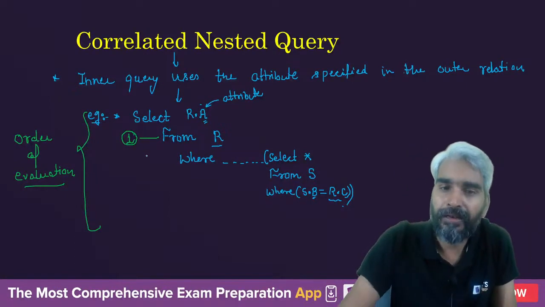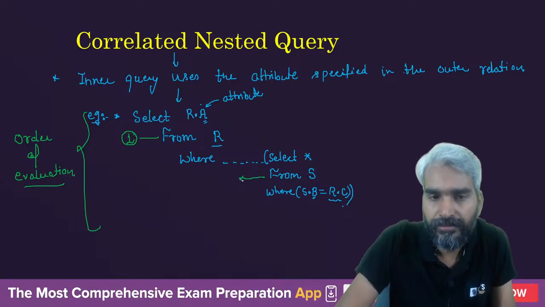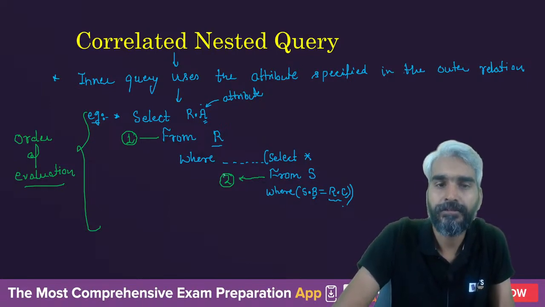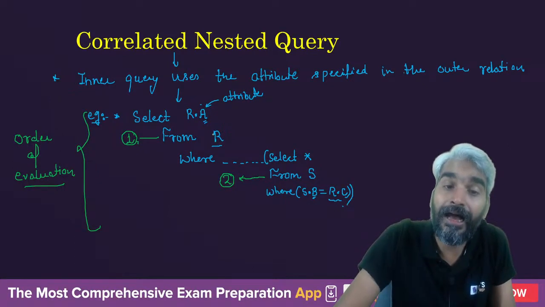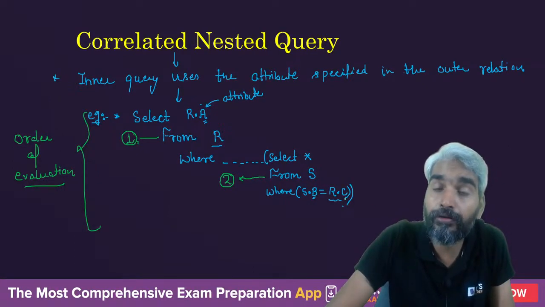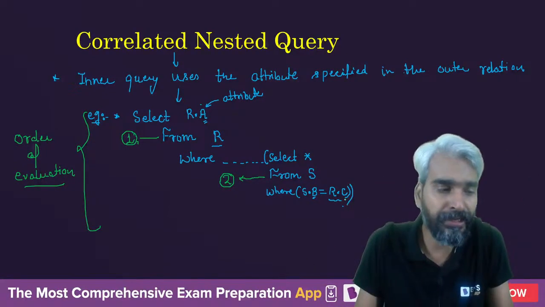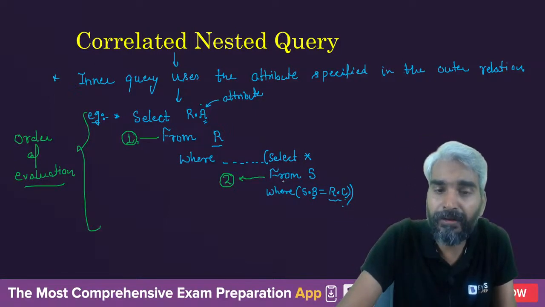With that tuple, you will go to the inner relation. Then you will take a tuple from relation S. So in the tuple of relation R, you will have the information about attribute C. You have taken the complete tuple, so in that complete tuple, you will also have the information of attribute C, and you have the tuple from the inner relation.